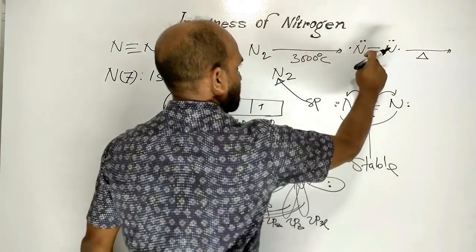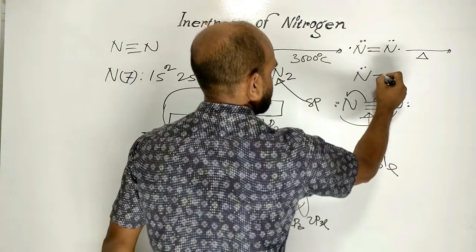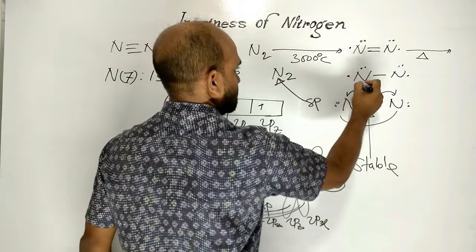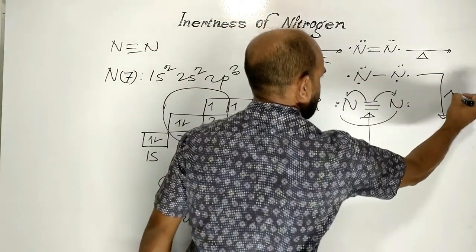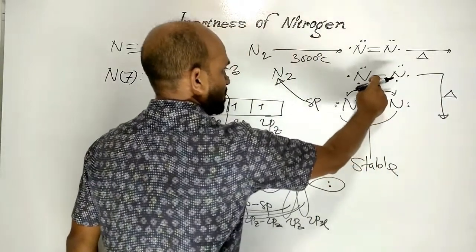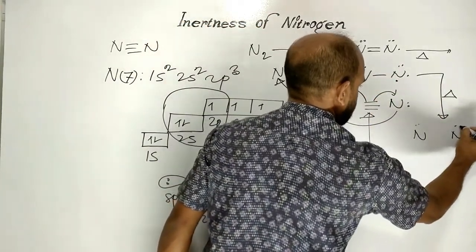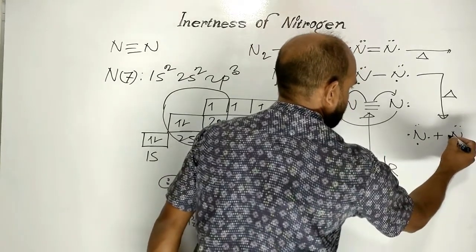Again, another bond is broken, and then one electron each. Another bond is broken and two atoms are formed, each with one electron from this bond.